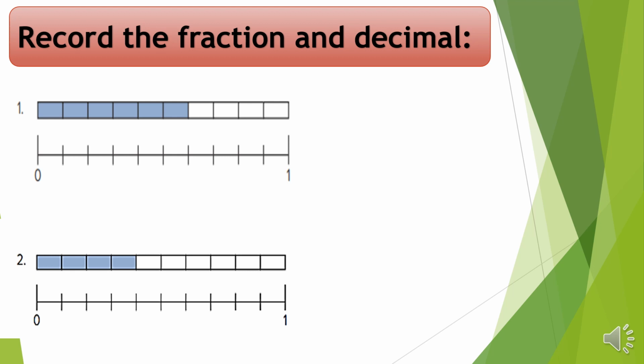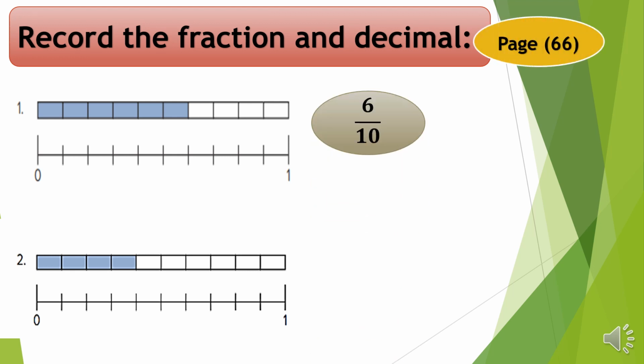Record the fraction and decimal. Here we have a bar divided into 10 parts, and the colored part here is 6. So the fraction will be 6 over 10, and in decimal we represent 6 over 10 as 0.6. So we count after 0, 6 dashes.